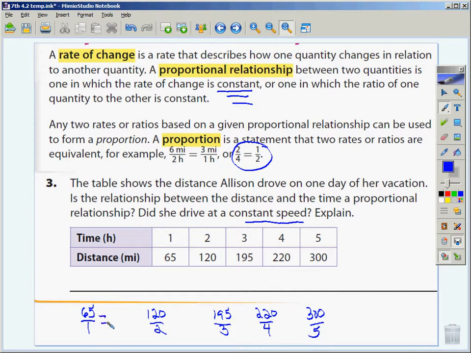Well, 65 divided by 1 is obviously 65. 120 divided by 2 is what, though? 60. Is this constant? No. I don't even need to go any further because 65 is not equal to 60.